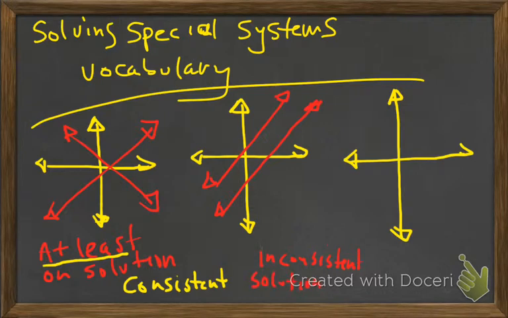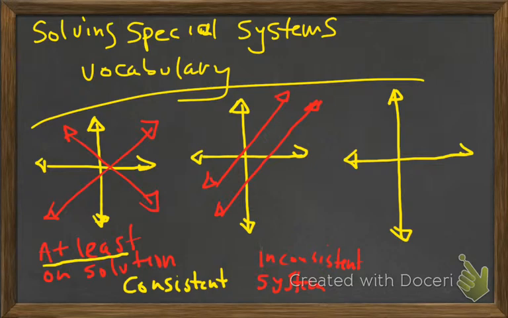Inconsistent means that it has no solution whatsoever, and therefore it's an inconsistent system. It's an inconsistent system. Okay?